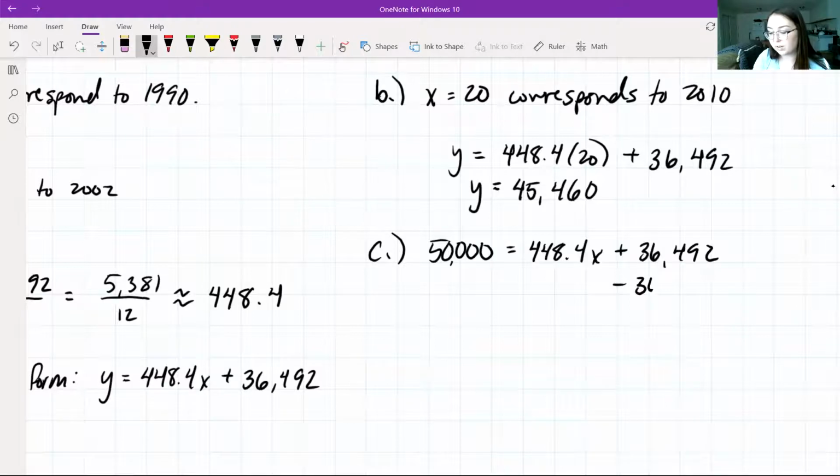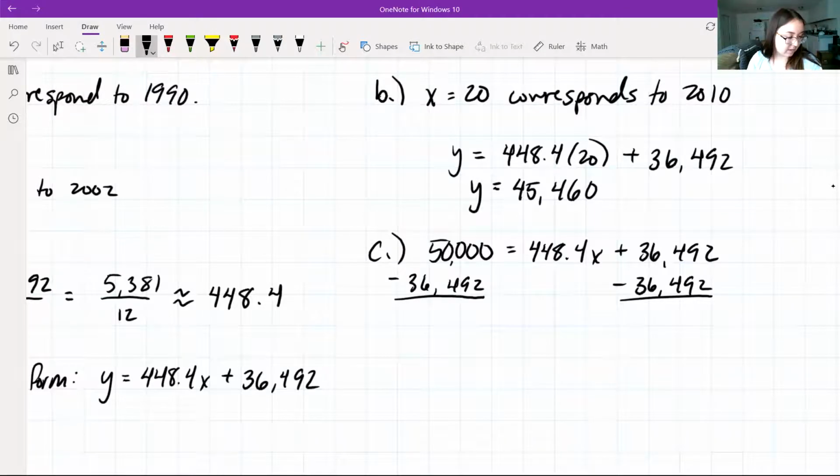So let's subtract 36,492 from both sides. And this is going to end up giving us 13,508 equal to 448.4 times x.